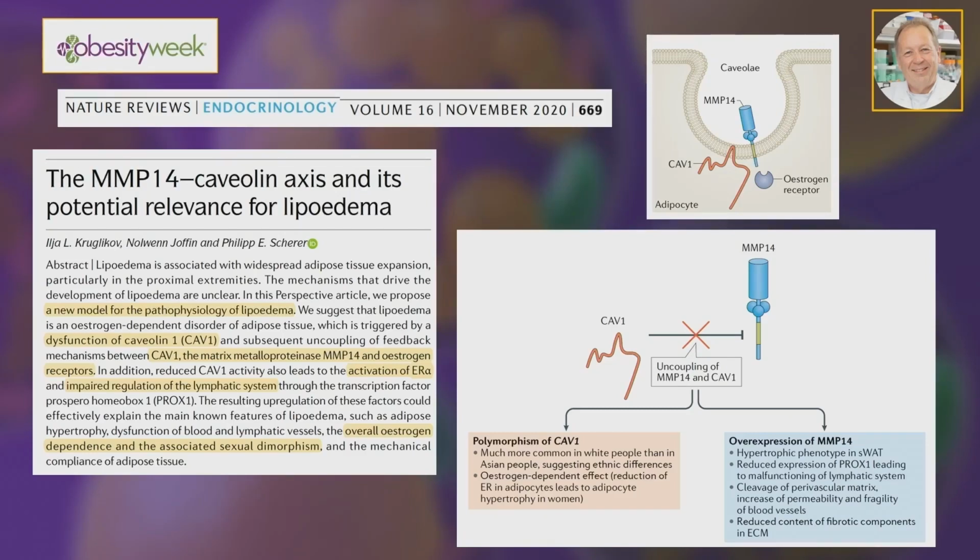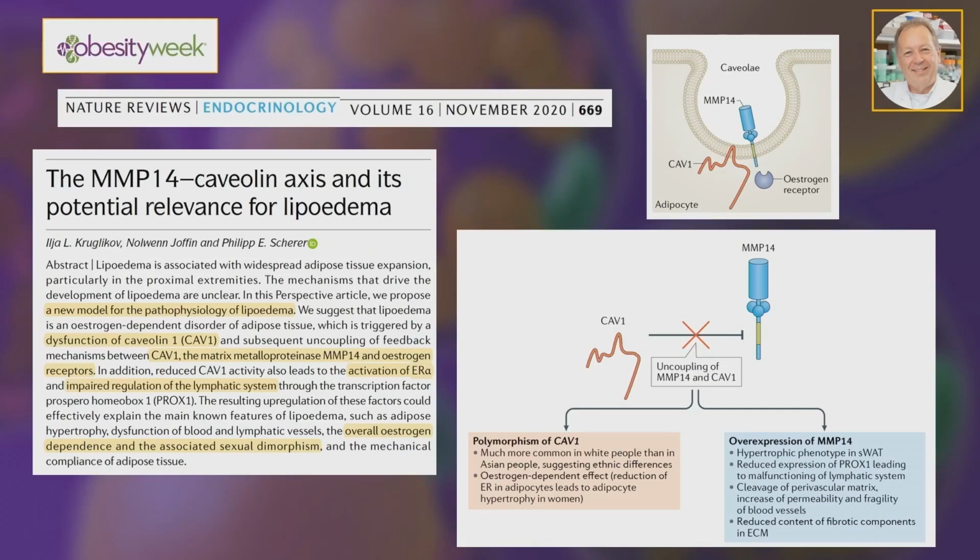But the key proteins that we keep stumbling into when we try to connect these dots involve a protein called caveolin, which is very, very abundant in the normal adipocyte, and then a matrix metalloprotease, MMP14. And there is some interesting biology there that lends itself to be dysregulated in the context of lipedema. Caveolin interacts with the estrogen receptor. There is a population of the estrogen receptor ER-alpha that's bound to the plasma membrane.